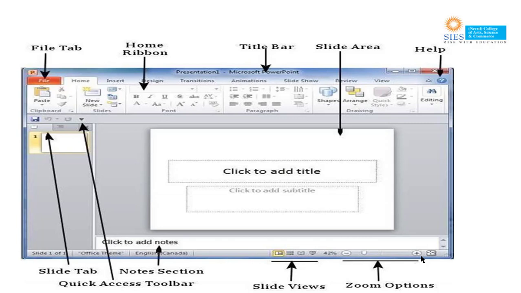The maximum zoom supported by PowerPoint is 400%, and 100% is indicated in the middle. This mark in the middle shows the original size, that is 100%.